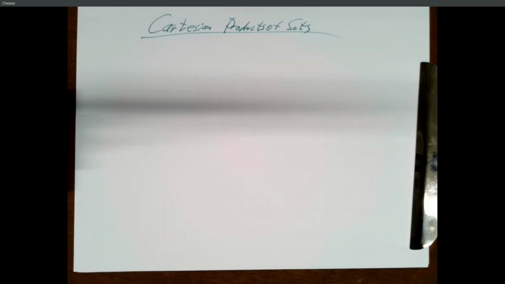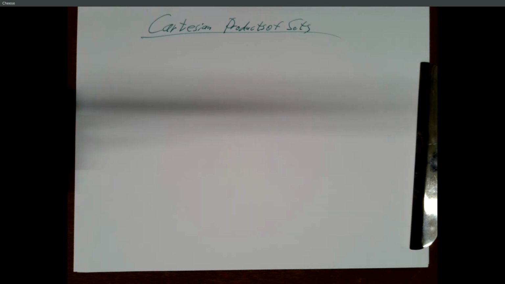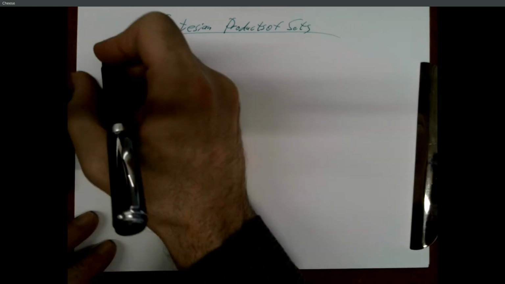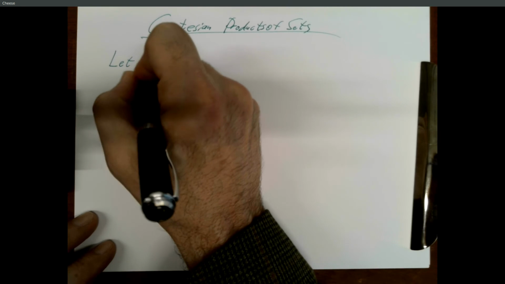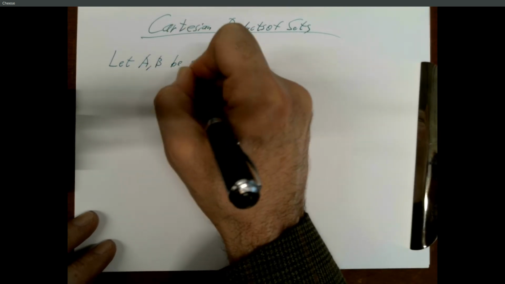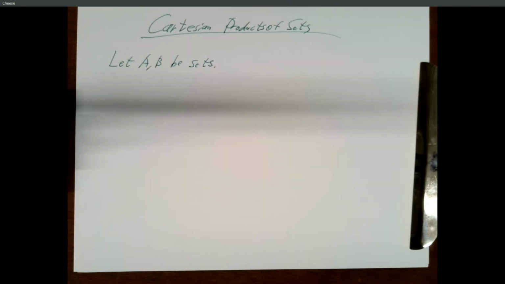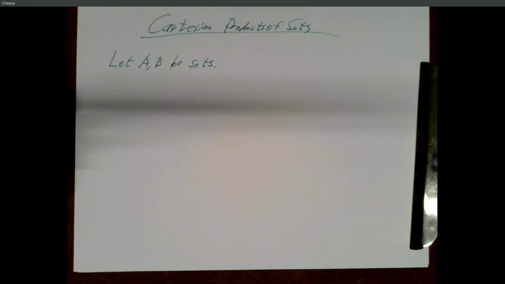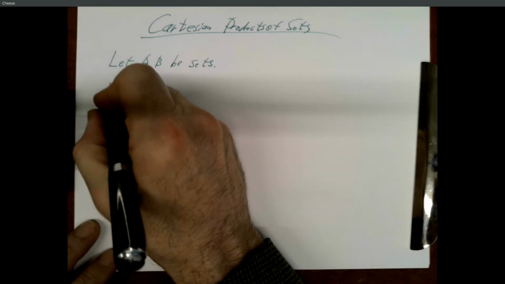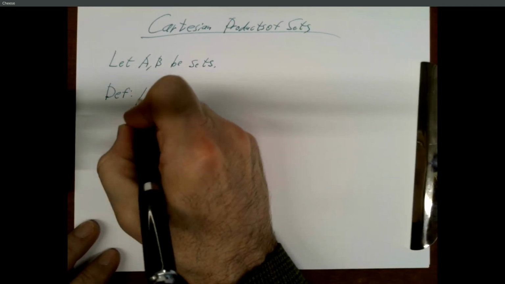So Cartesian products of sets. Let A and B be sets, and they could be finite or infinite, just any sets. So here's a definition.